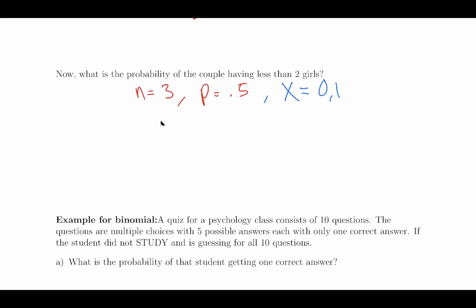Yeah, perfect, 0. So you pretty much want anything less than 2 girls. It could be that they only have 1 girl, but it could also be that they have 0 girls. So we want to find the probability when X is equal to 0, but also when X is equal to 1. All right then. Any questions so far for X is equal to 0, X is equal to 1?